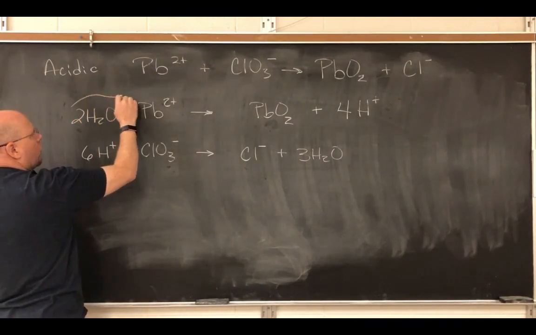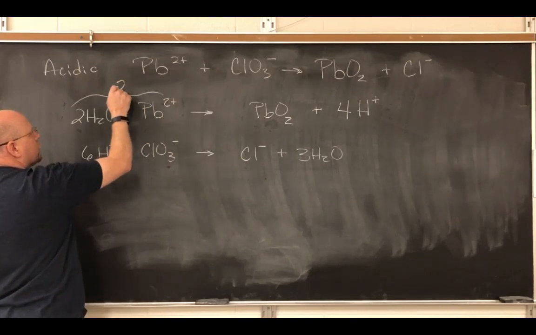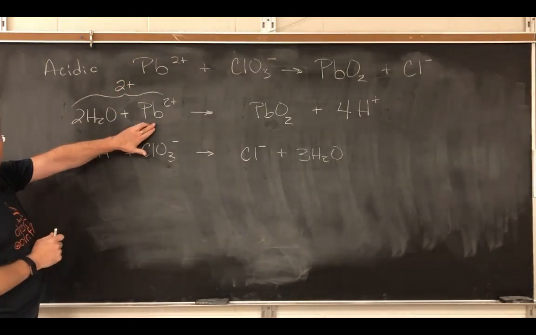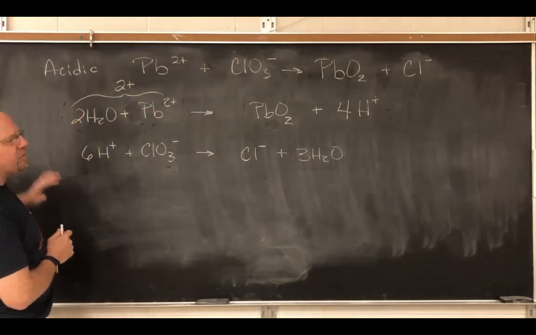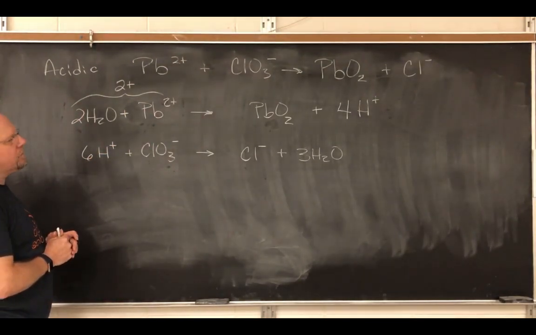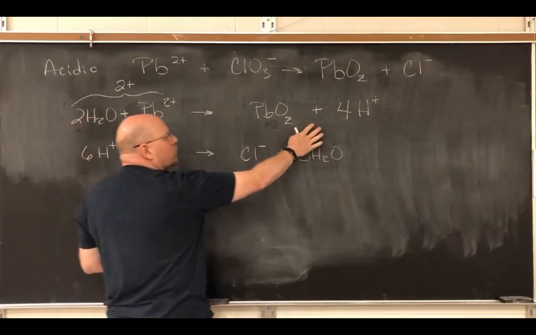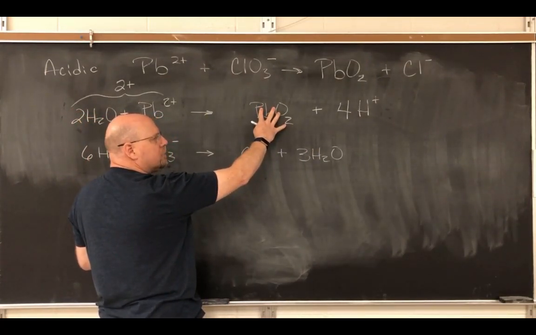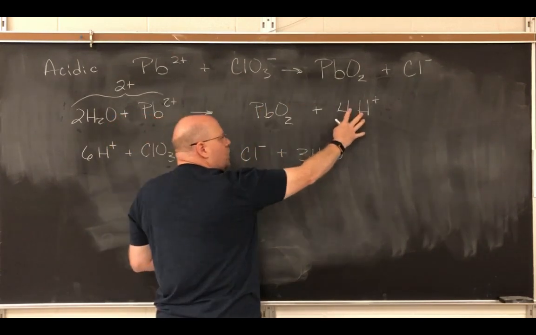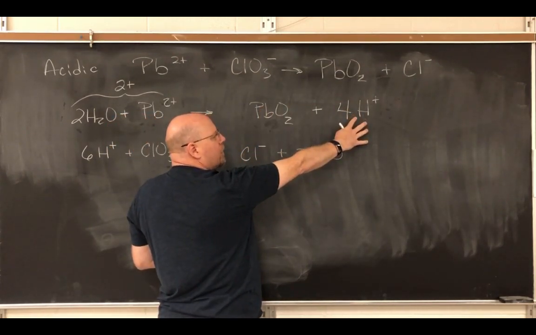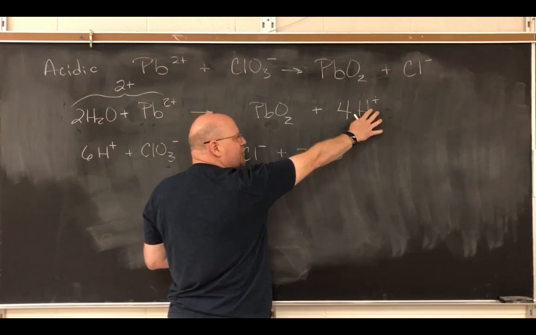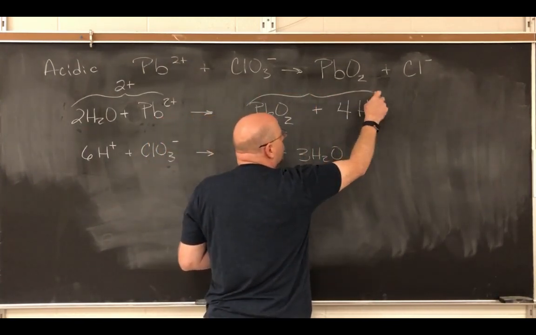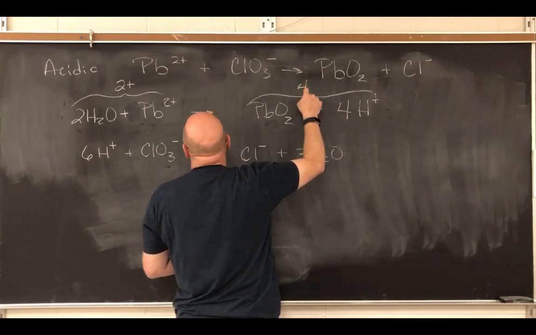So as a total charge, our reactant side is a total of 2+, because we only have the one lead, and it's the only thing that has a charge on this side. When we go over to here, we're going to see that we have something similar. This is a neutral compound. We have 4 hydrogen ions that each have a positive 1 charge. So our total charge for this side is 4+.